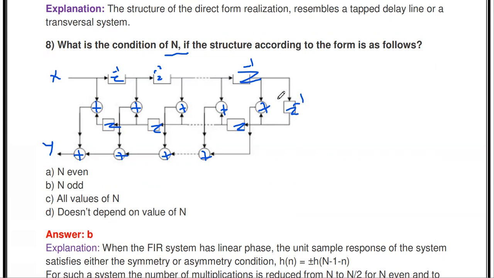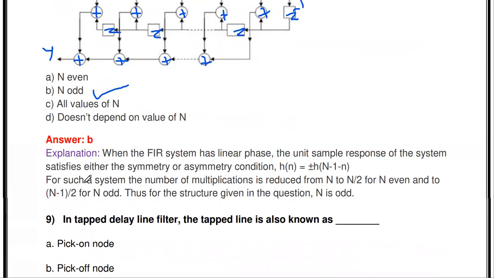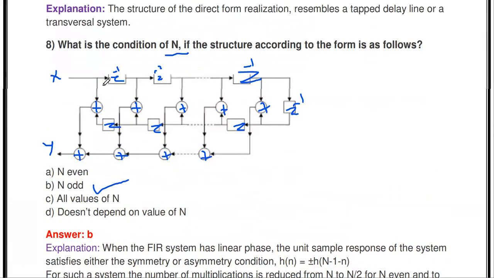If one separate delay element is there in the center, it means the condition is that N should be odd. The common coefficients are taken, those coefficients are added and multiplied by one single multiplier. So that structure is called a transversal, that is, a linear phase realization structure.